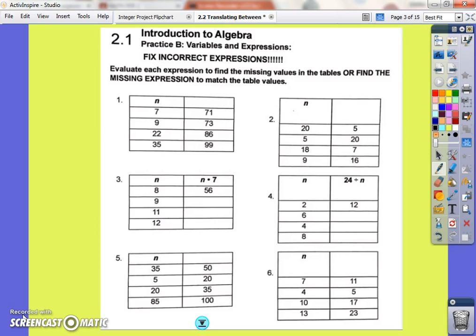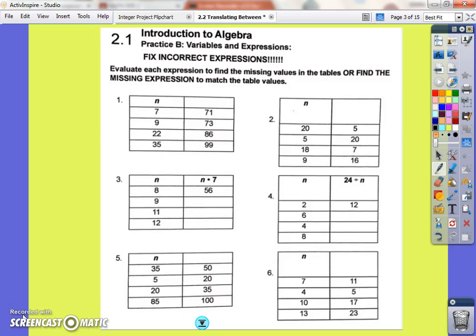Okay, so number 1. All right, so I'm given values for n: 7, 9, 22, and 35. And then I have output values. But I don't know the expression that they're using to get these output values. So I need to really look at the problem and analyze. Well, can I multiply 7 by something and get 71?